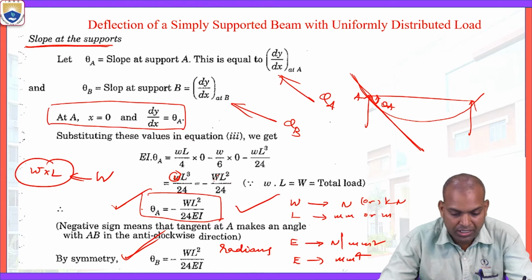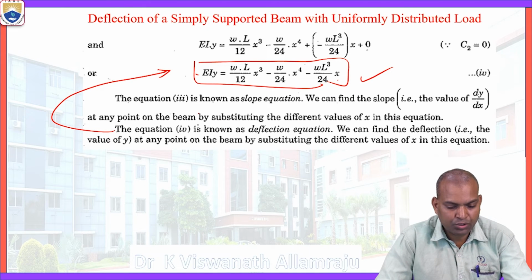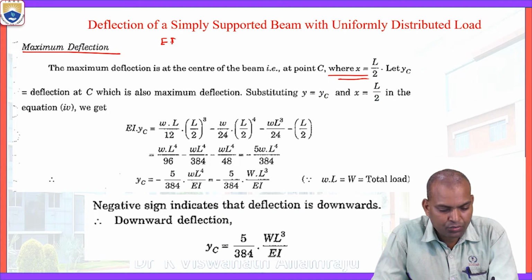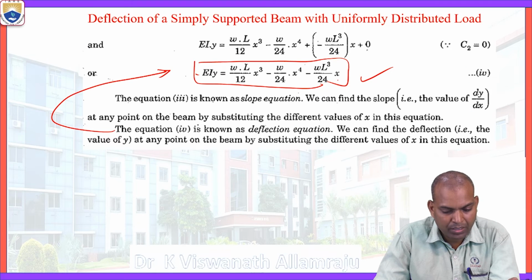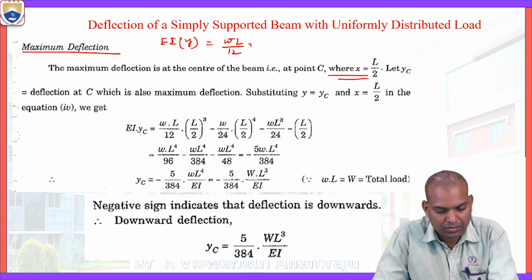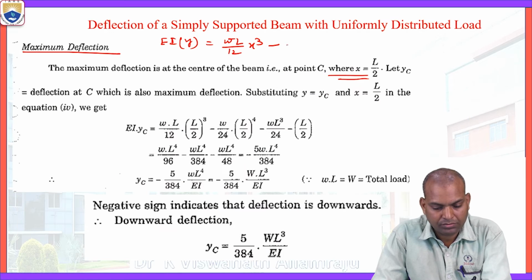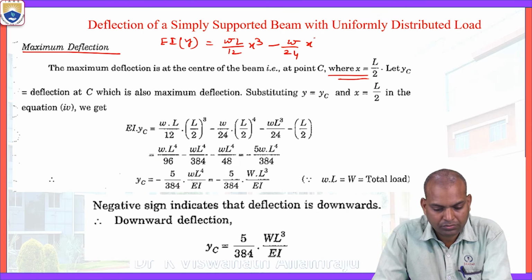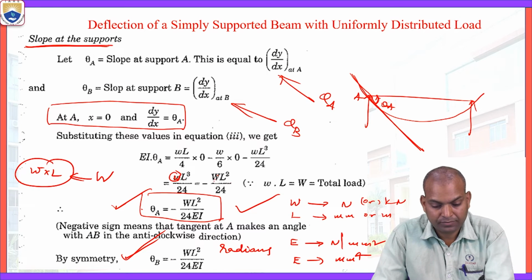The deflection equation here is EI times y equal to wL by 12 times x cube minus w by 24 x power 4 minus wL cube by 24 times x.